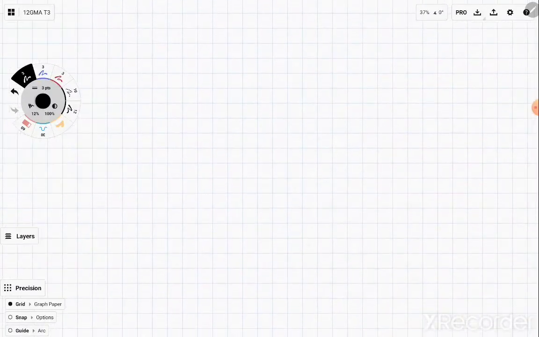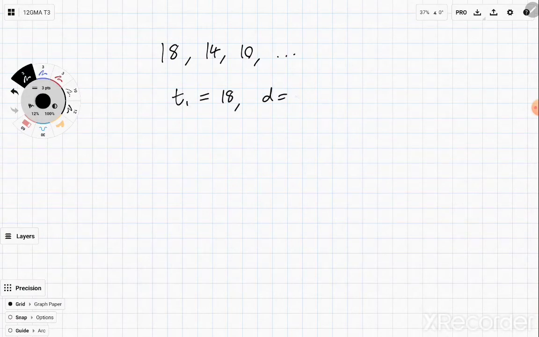So let's have a look at the sequence 18, 14, 10, dot, dot, dot. Alrighty, so T1 is equal to 18, and d is equal to negative 4. So using the general rule, oh, and we want to generate, say, T20.